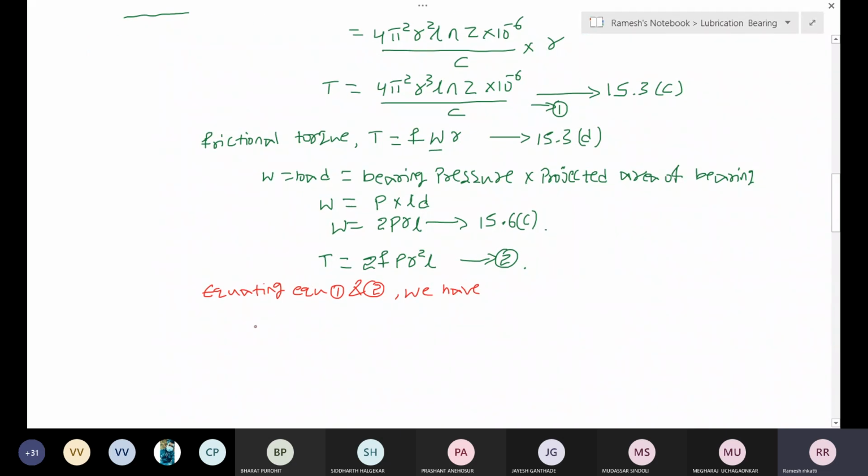It is 4 pi square r cube L into N Z into 10 raised to minus 6 divided by C, is equal to, substituting equation 2, the frictional torque, 2 into coefficient of friction, bearing pressure into R square into L. In this case, some of the terms will get cancelled.